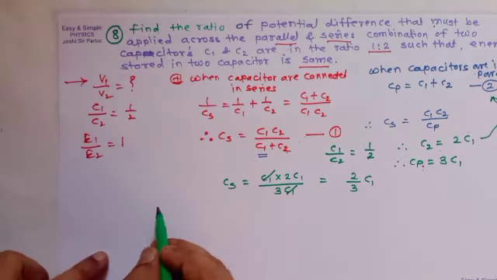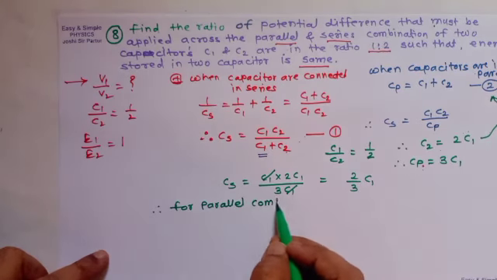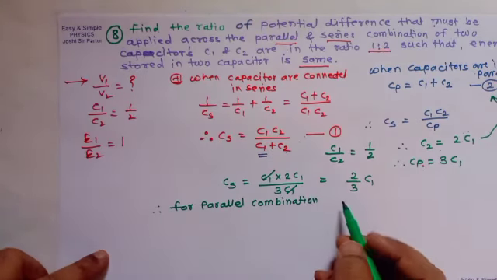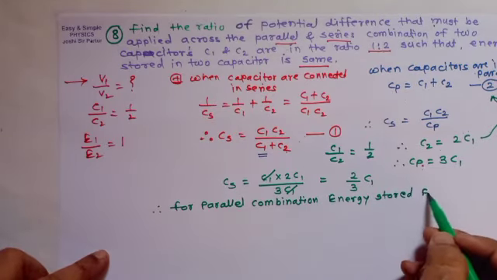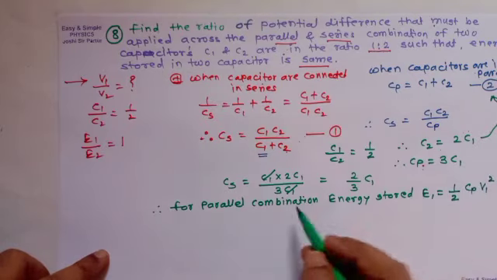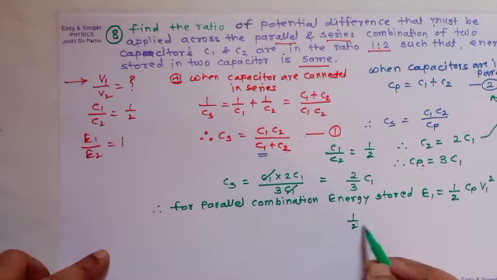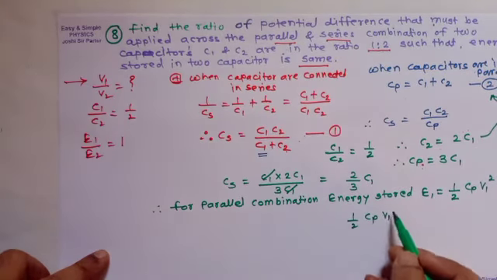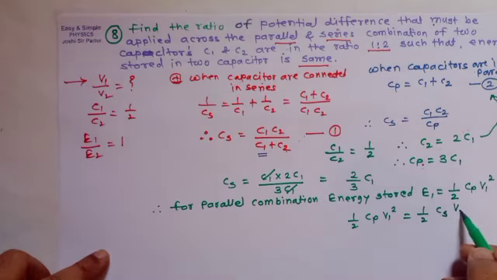For the parallel combination, energy stored E1 is equal to half Cp V1 square, which is equal to half Cs V2 square.